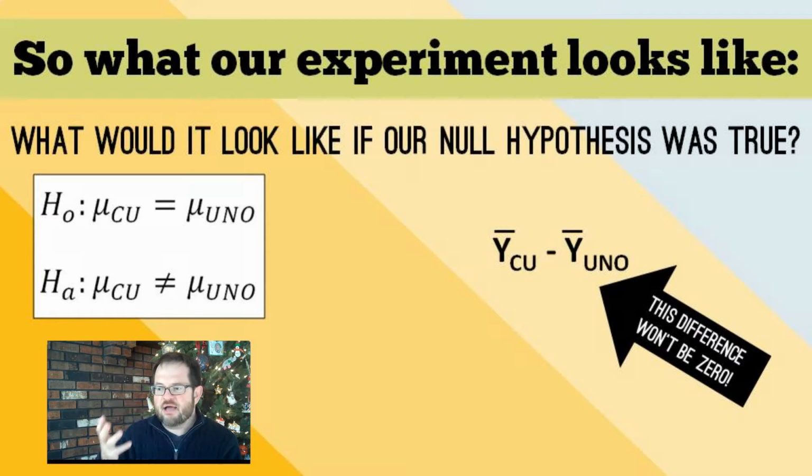It is just a property of the students I happen to measure that time. If I pulled N students from Creighton and took their average height, and I pulled N students from UNO and took their average height and took the difference, it's not going to be exactly 0, even if the real mean difference is 0, because one group to another is going to vary just by random chance. We happen to get a few more taller students this time, or a few smaller students this time, or whatever.